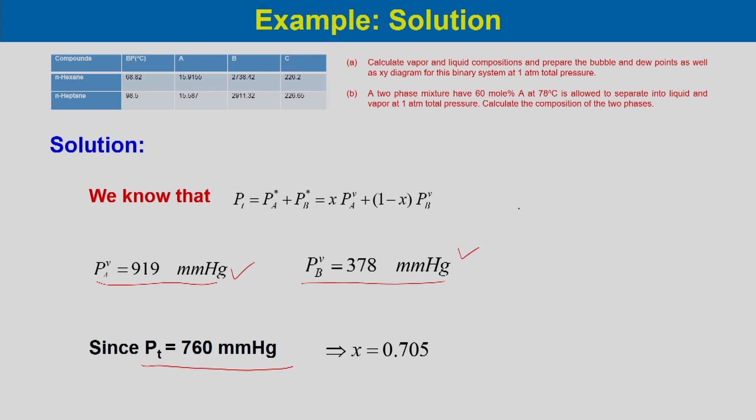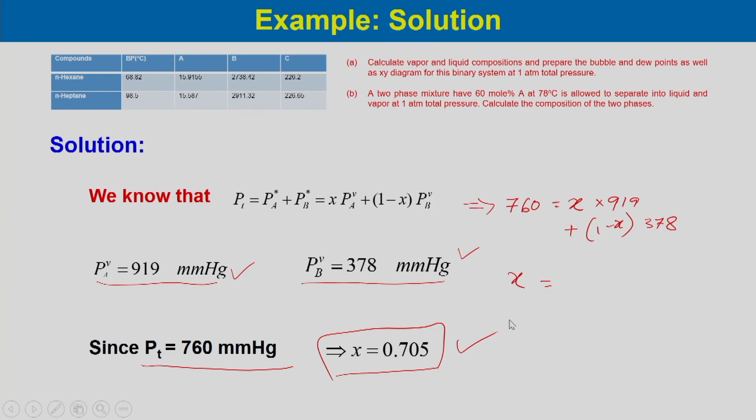So, substituting, 760 is equal to x into 919 plus (1 minus x) into 378. Now, if we solve this for x, we obtain 0.705.